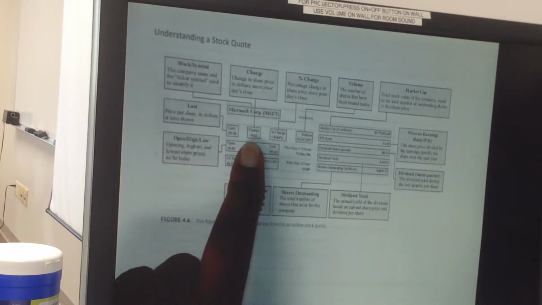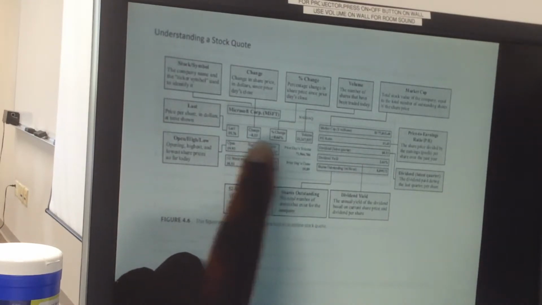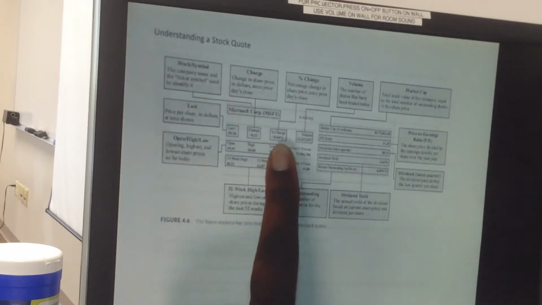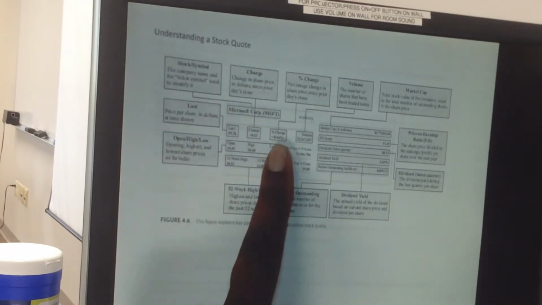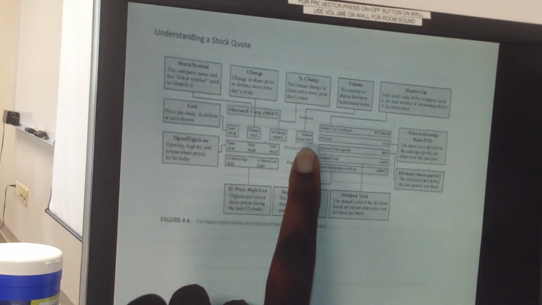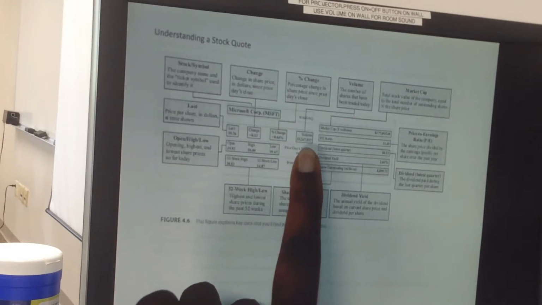That's a change in stock price in dollars since the prior day's close. And then the percent change is going to be the percent change in share price since that prior day's close. The volume is going to be the number of shares that has been traded on that day.